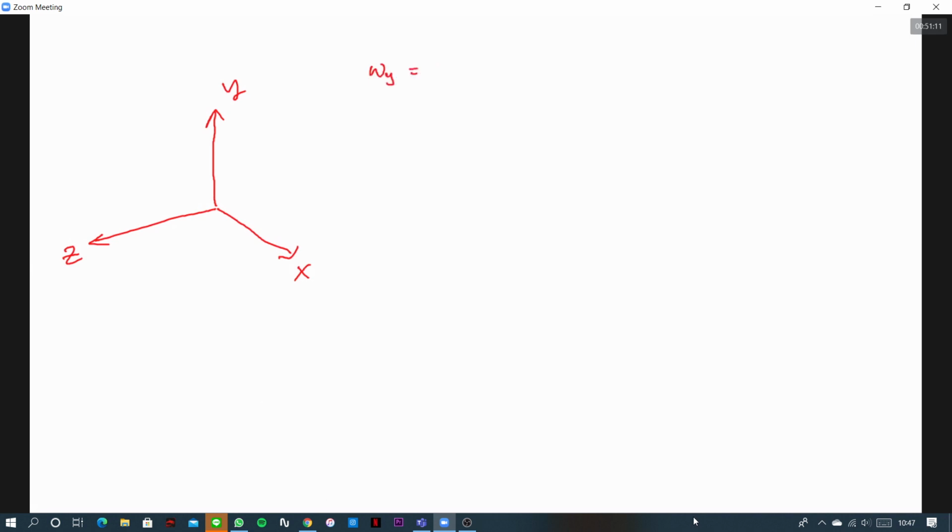It is a constant 0.25 radian per second squared, and omega x is 0.4 radian per second squared, and u is 1.5 feet per second, and the length is 20 feet, and the angle is 30 degrees.